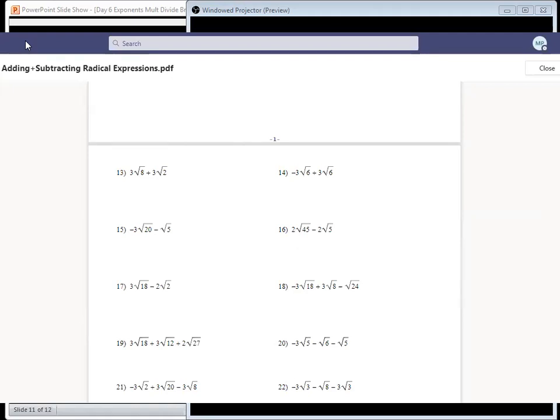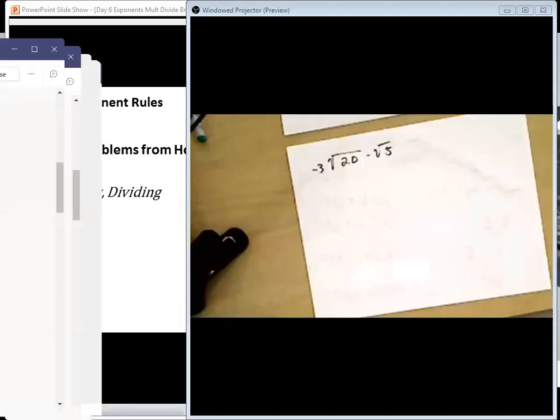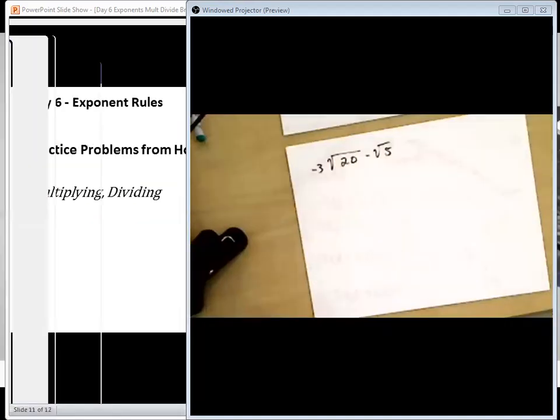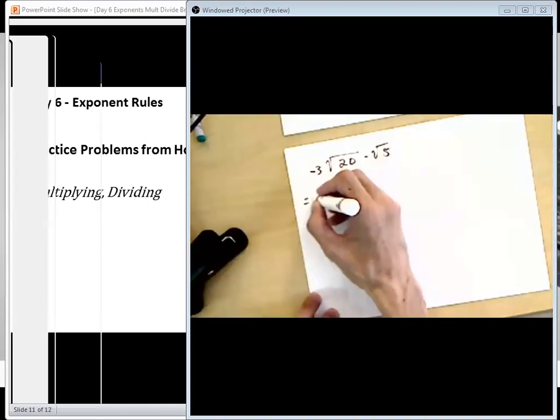It becomes 2, 2, 5. So what happens with those 2s? 2, 2, 1. It becomes outside, and 5 is still inside. Exactly. So I'm going to use your work because it was correct.